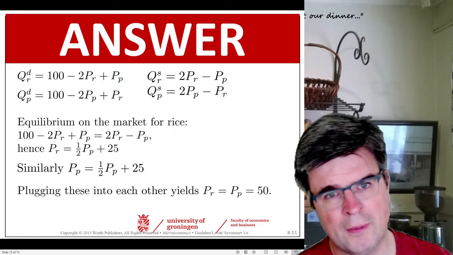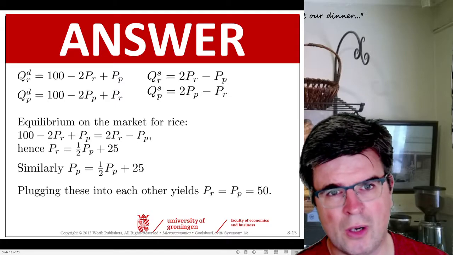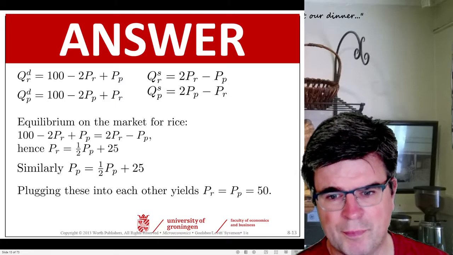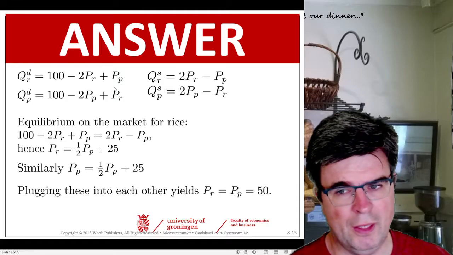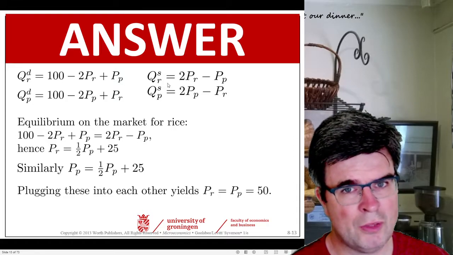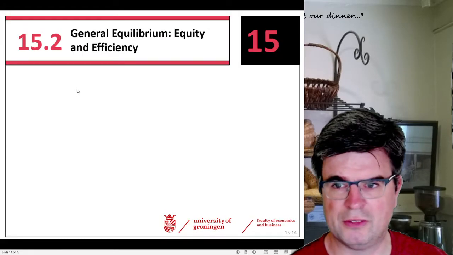So as predicted, because of the symmetric setup of the problem, the two prices are the same in equilibrium. And then you can plug in these two prices in either the supply or the demand functions of the two goods, in order to get the equilibrium quantities.